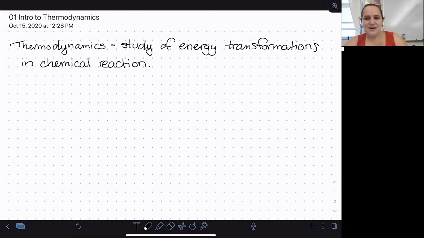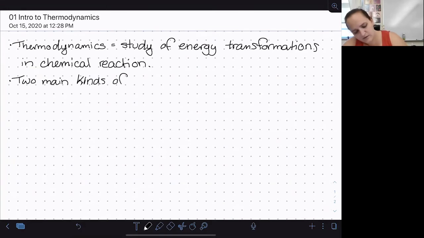So there are two main categories of energy, and there are kind of subtypes within those categories, but two main kinds of energy in the universe that are known as heat and work.